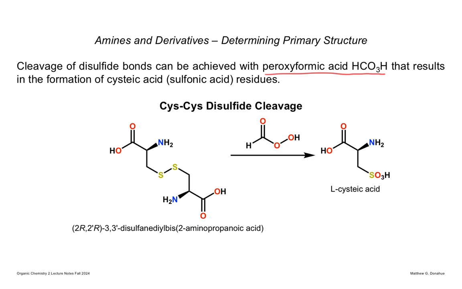And what happens is the sulfur atoms, the SS bond is cleaved, and then sulfur is oxidized. And so now you end up with cysteic acid. So that's SO3H, cysteic acid.